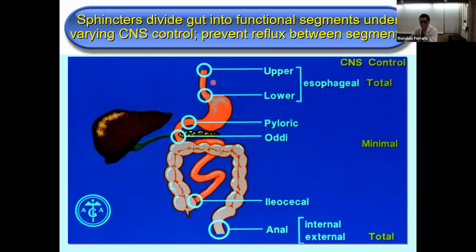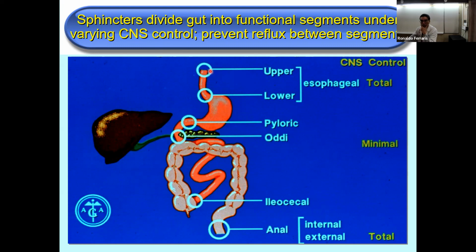So this is really the GI tract, with its associated organs, and they are sequestered into various compartments. The sphincters divide the gut into intestinal segments.